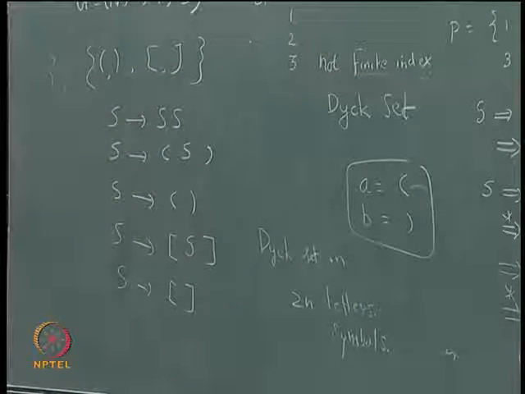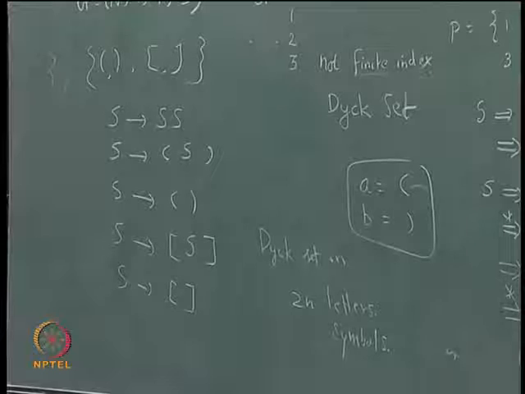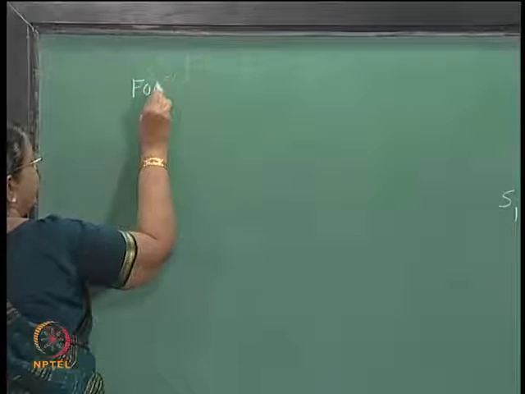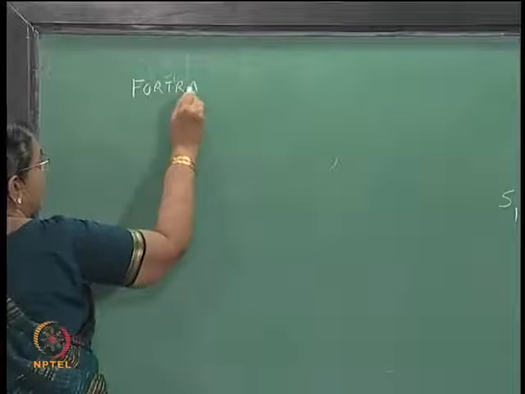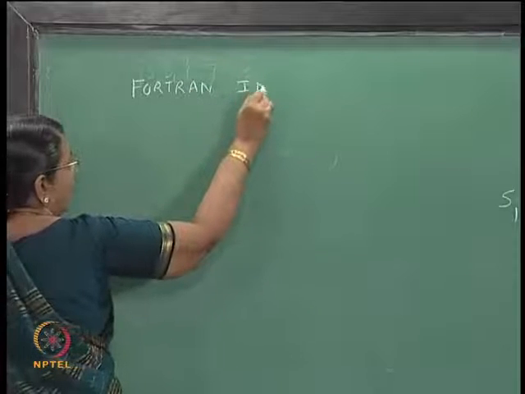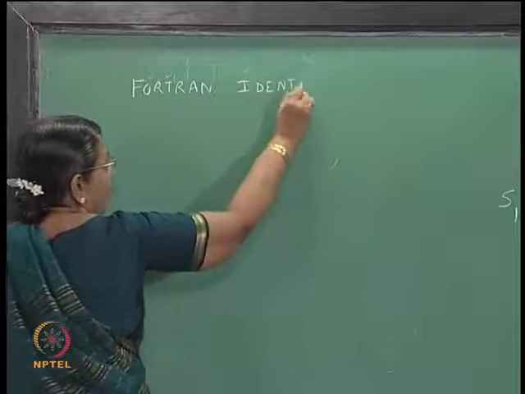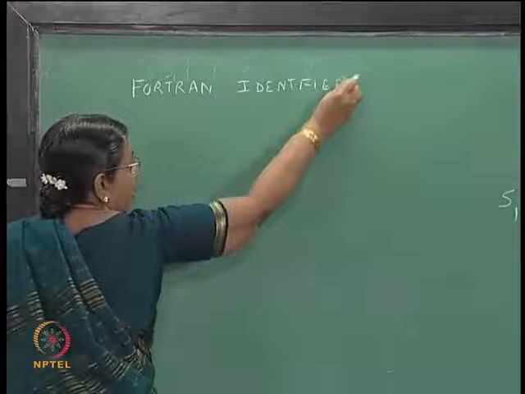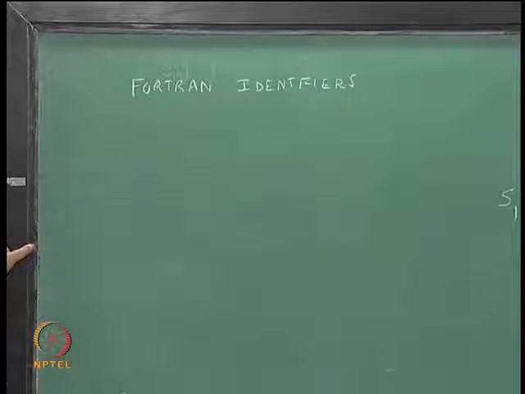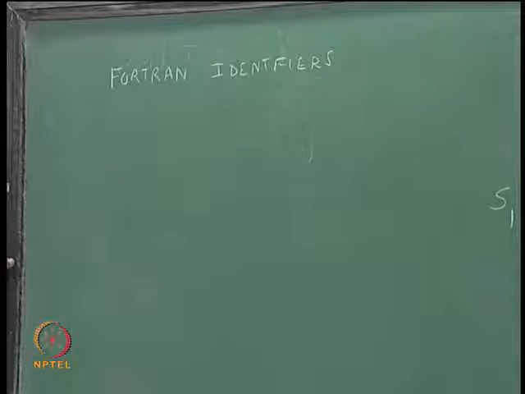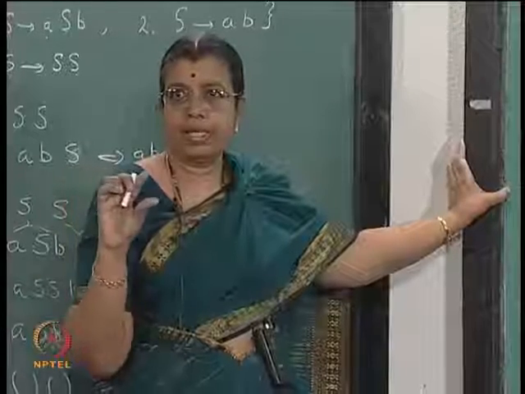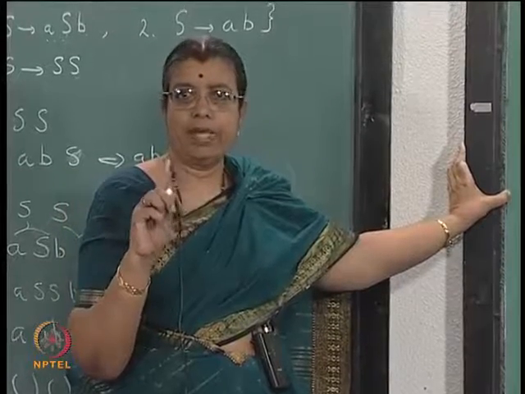Consider a grammar which will generate Fortran identifiers. What is the structure of a Fortran identifier? It can have up to 6 symbols. The first one will be a letter.